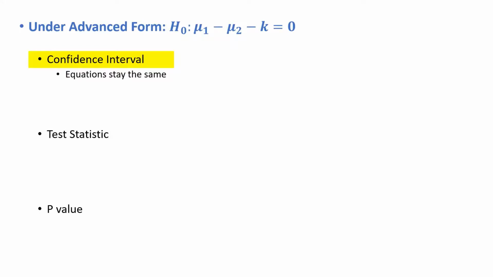The equations for the left-sided, two-sided, and the right-sided confidence intervals are the same equations for the difference of the two means. All you have to do is to see if k, the hypothesized mean difference, is inside of the confidence interval. If it does, we accept the null hypothesis H0. If not, the null hypothesis H0 should be rejected.